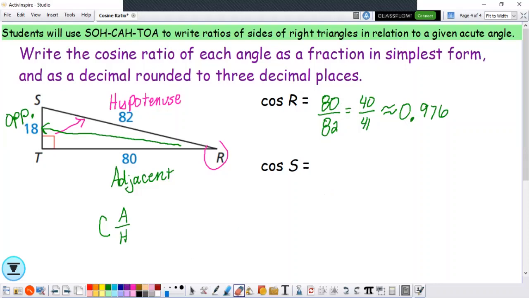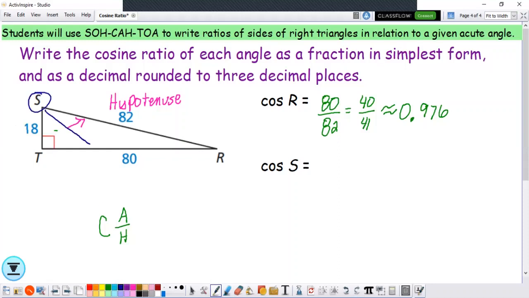And now let's take a look at cosine for angle S. Again, the hypotenuse is still the hypotenuse. That is not going to change. What is going to change are the opposite and the adjacent. So across from angle S is the 80. So that's our opposite, which makes the 18 the adjacent this time.